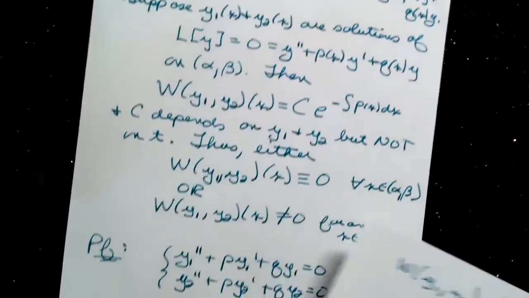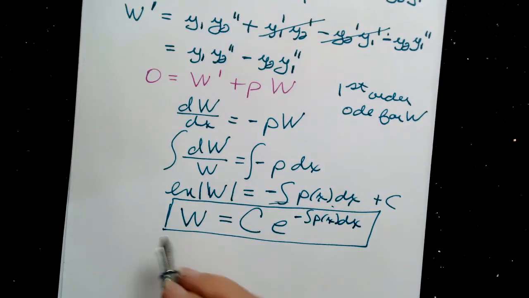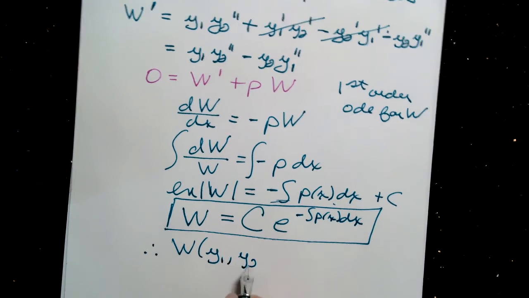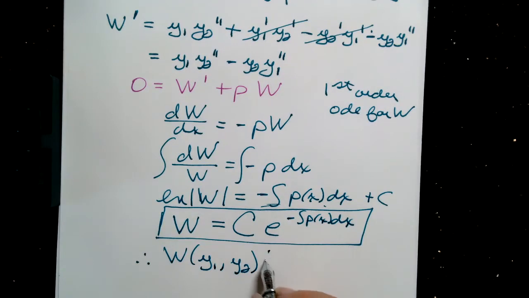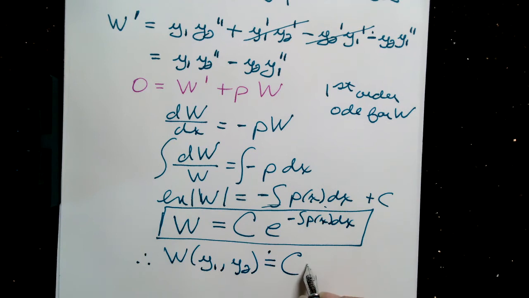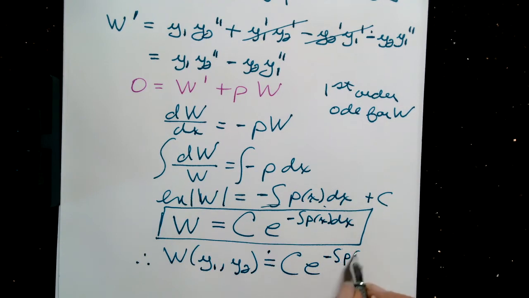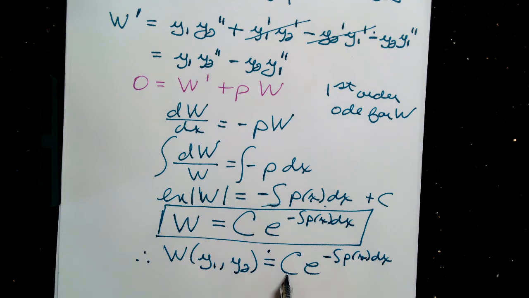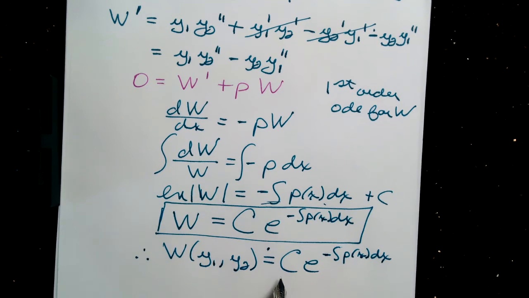And so once you have that, the Wronskian is given by a formula like this, where y1 and y2 are two solutions of the ODE y double prime plus p y prime plus q y equals 0. This thing has to be either identically 0 or never 0, depending upon whether the constant is 0 or non-zero.